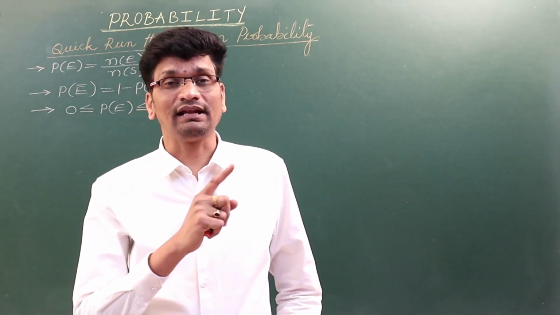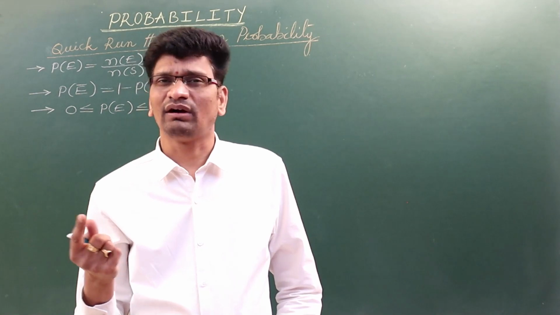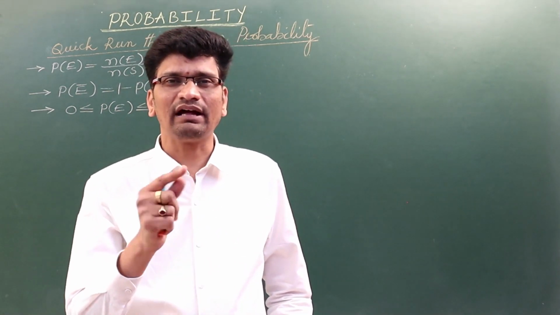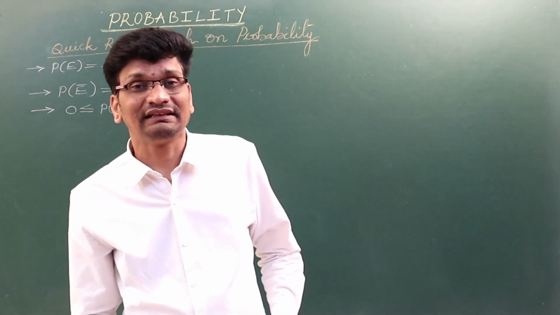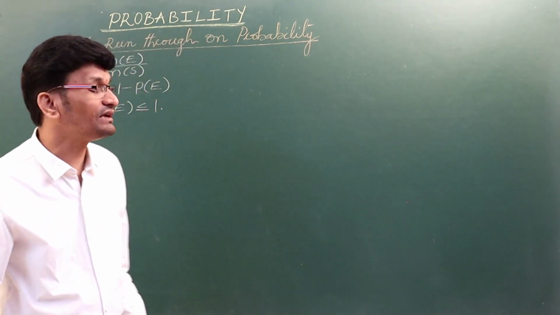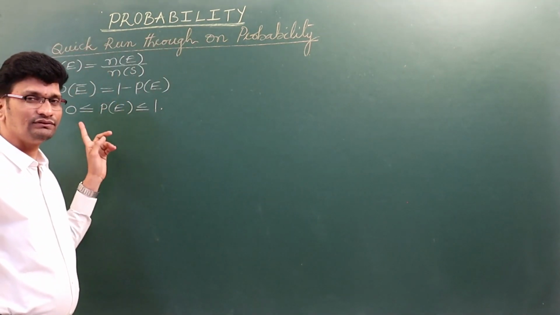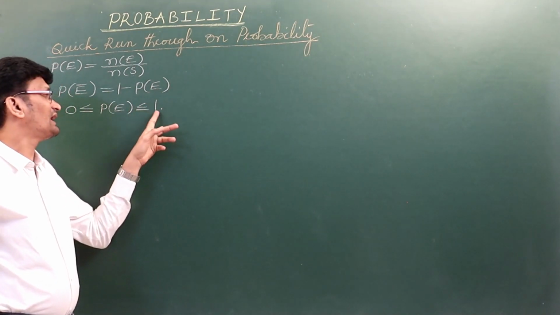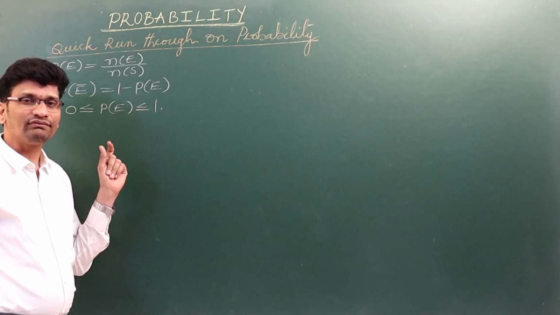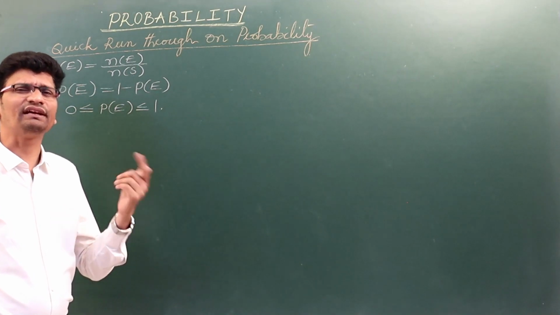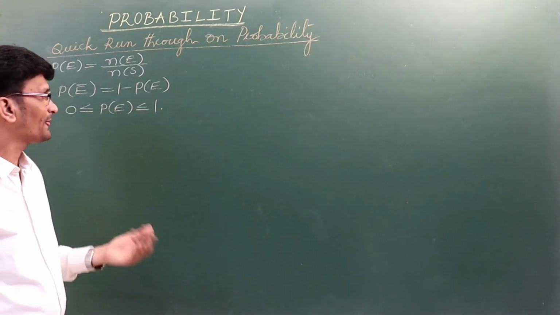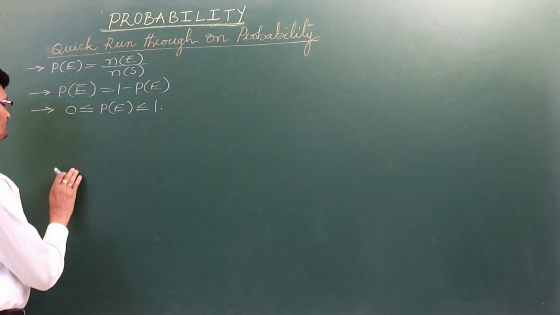Other than impossible and certain events, whatever the event may be, its probability always lies between 0 and 1. That is the reason the probability of an event is taken as between 0 and 1. 0 is the probability of an impossible event and 1 is the probability of a certain event, or we can say P(S), where S means sample space. Okay. Next one.